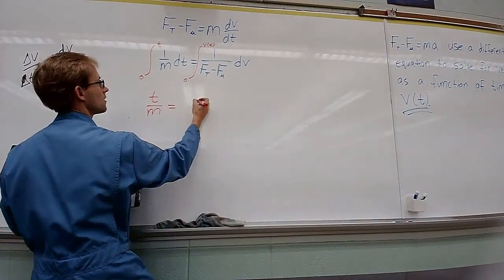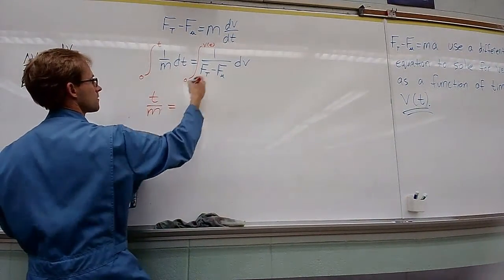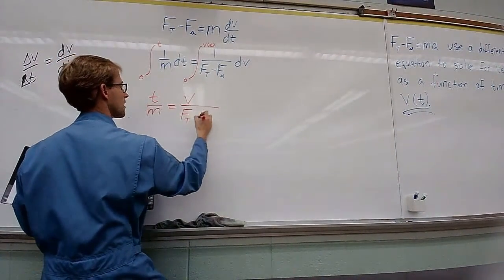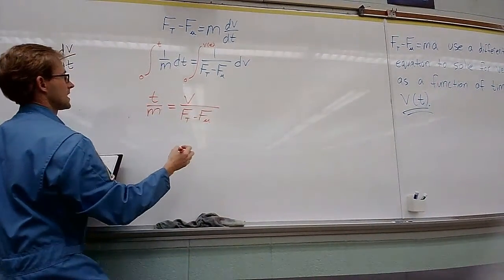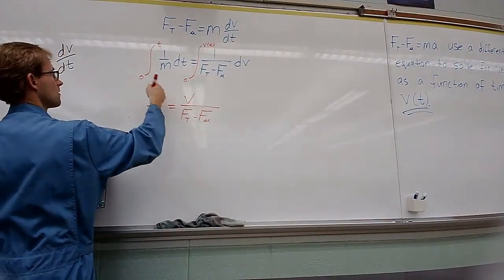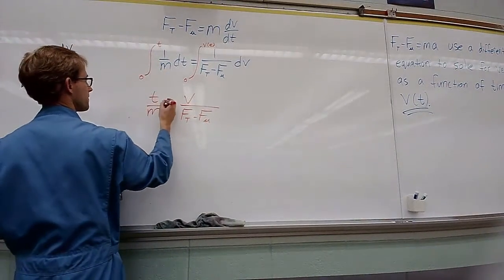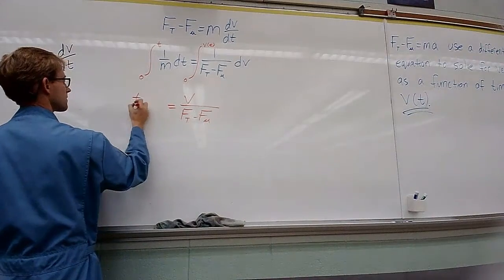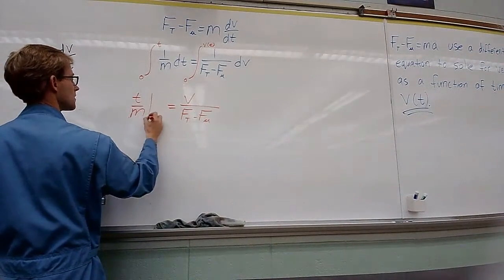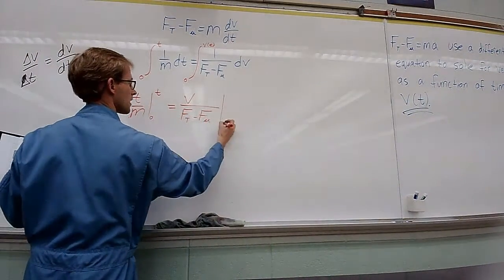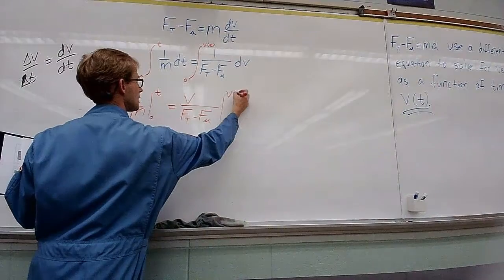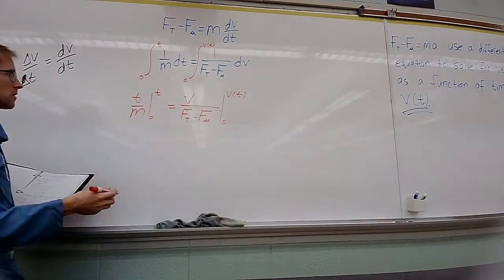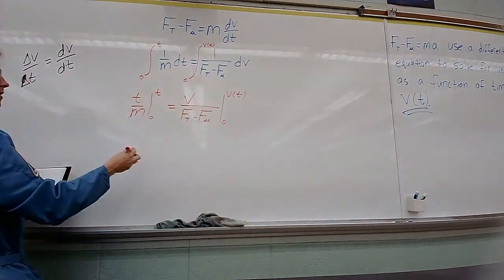and this will be v of t minus force of friction, evaluated from 0 to t, and evaluated from 0 to v of t. When you plug the zeros in, they're both going to be nothing, so that disappears.